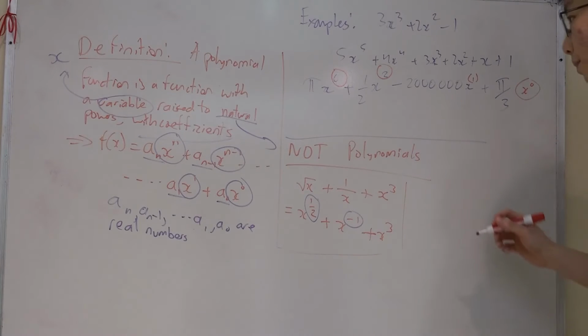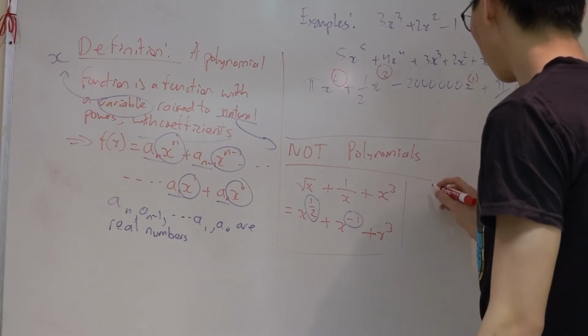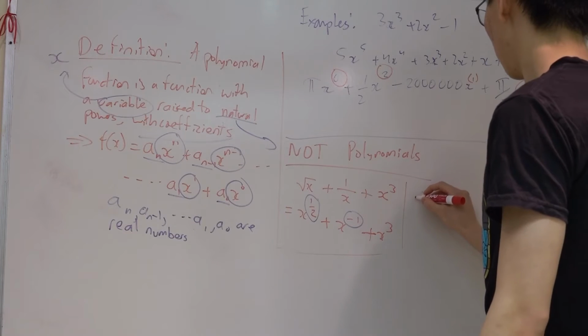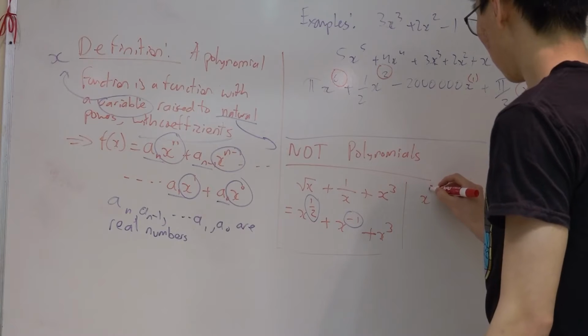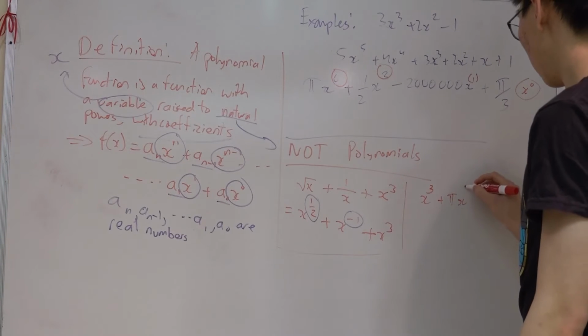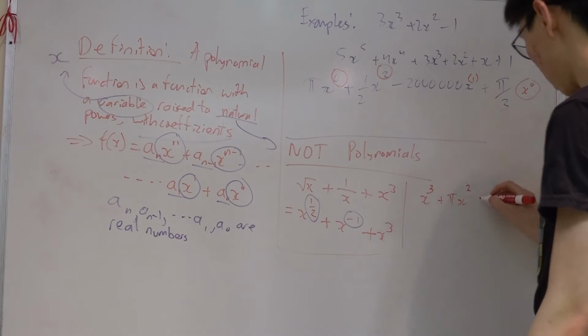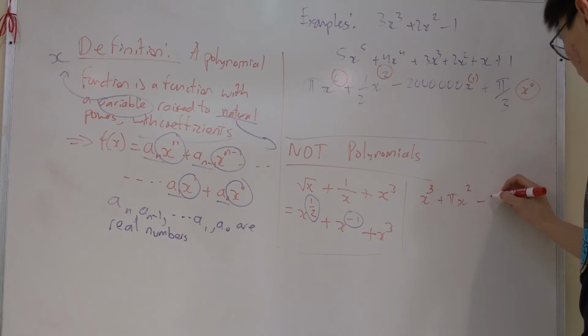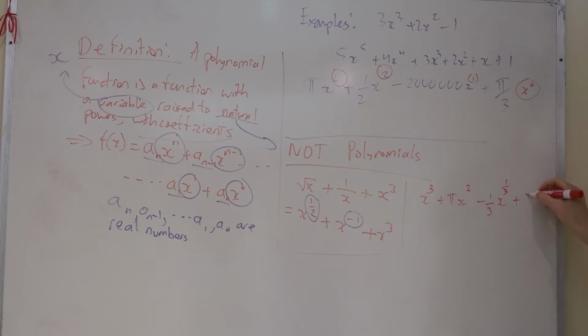So a not polynomial example is something like this. x to the 3 plus pi x to the 4 minus 1 over 3 x to the 1 over 3 plus 2.